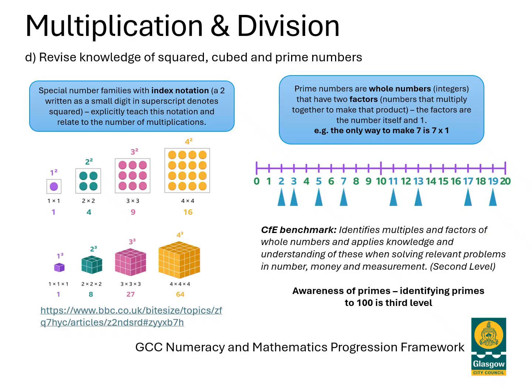So in terms of multiplication, the only way to make 7 is 7 times 1, and there's no other pair of factors that will make that product. In terms of identifying primes, for example identifying primes to 100, that's actually beyond primary levels in terms of benchmarks. That comes into third level, but we're just starting an awareness of it.